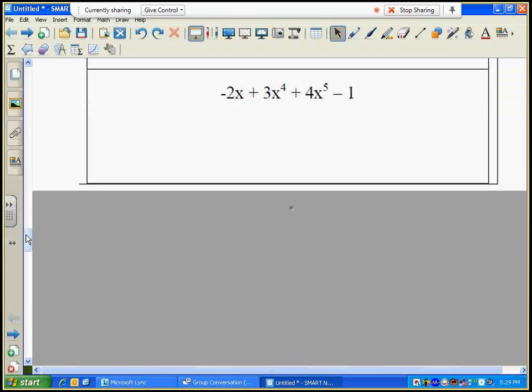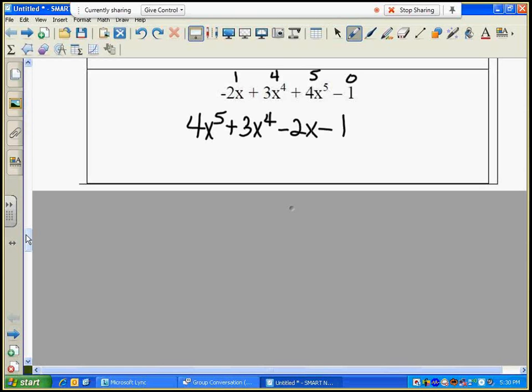All right, 4 different terms here. I've got a degree of 1, 4, 5, and 0. So I would rearrange this as 5, 4, 1, 0. Notice that the 2x and the 1 are both negative.